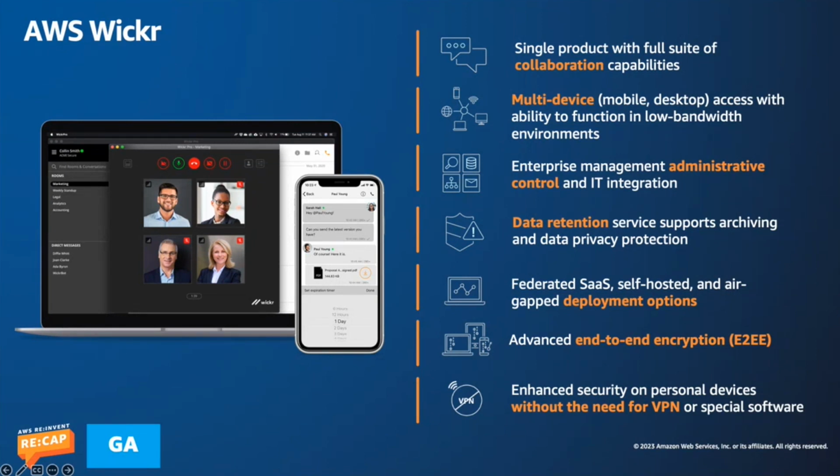So this is really straightforward. We are using one at this point, and also we have created and made available this service by a company that AWS acquired a few years ago, right? So now we have this AWS Wickr service that we made available at re:Invent 2022.